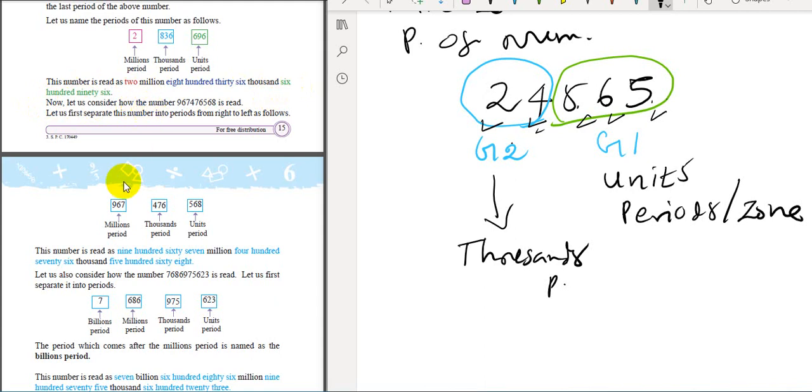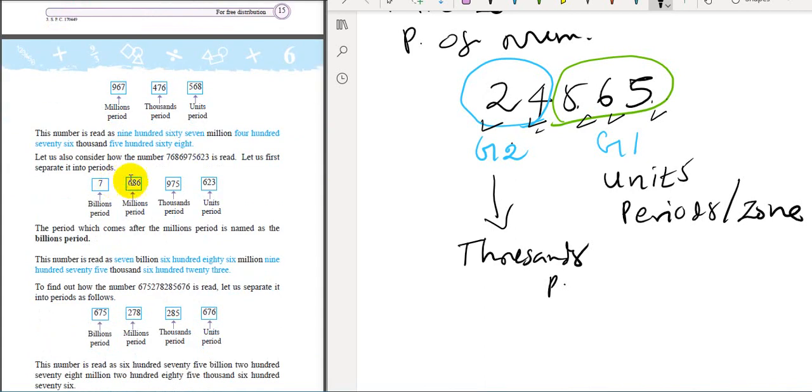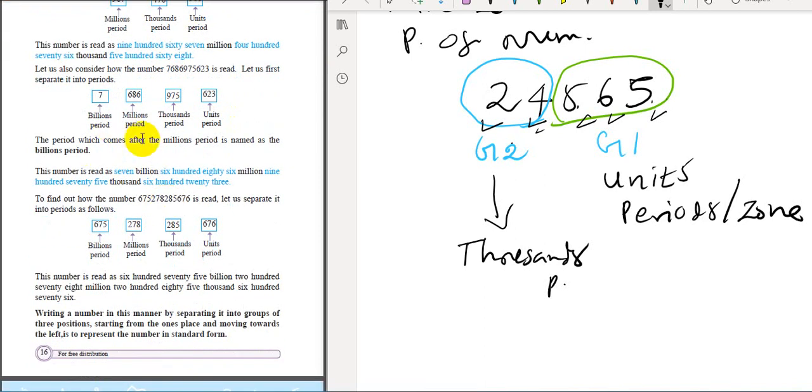Simply we can call it that. What about this number? These 3 numbers are units, then thousands, and millions. So 967 millions, 476,568. That's all. We cannot call units.